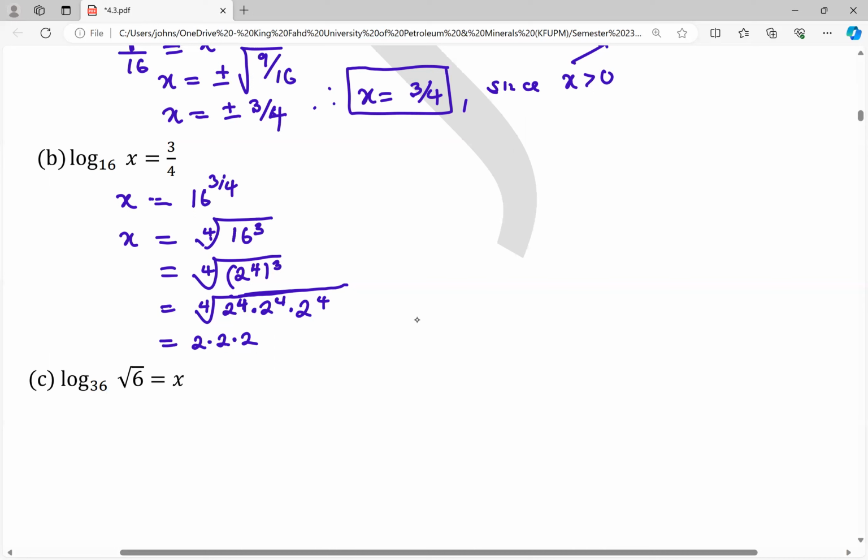And here we're going to go with the positive one because of the position of x. The x there cannot be negative. So as you can see, our answer should be just 8. So x is going to be 8.